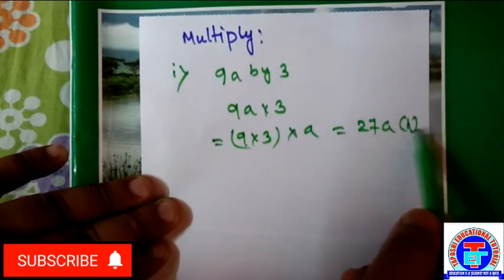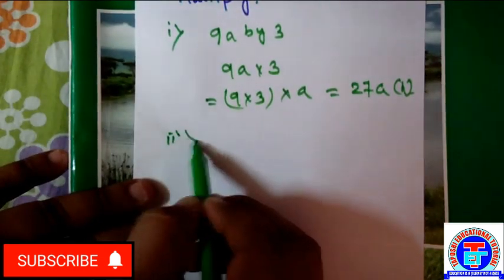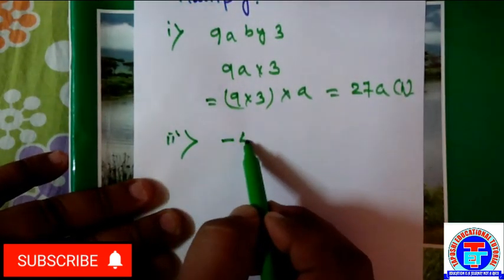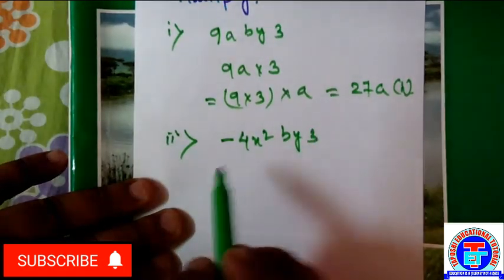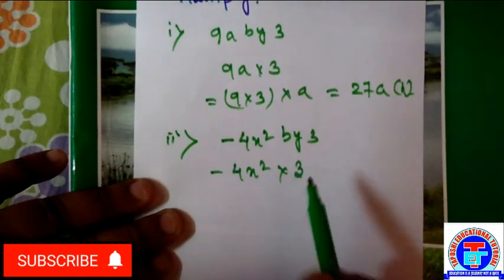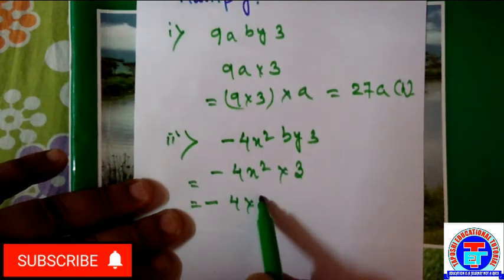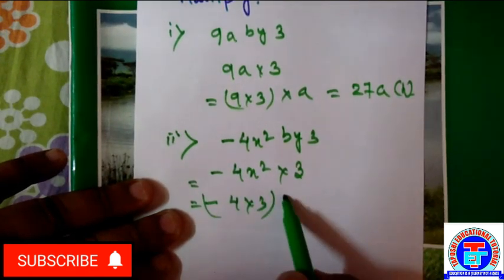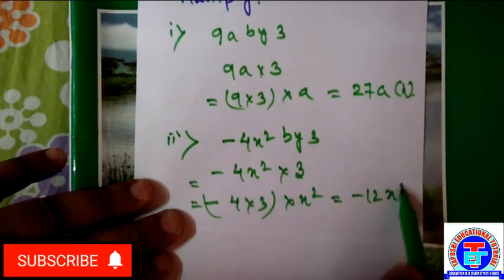This is the answer, right? Now number 2 is here: minus 4x square by 3. So here we write minus 4x square into 3. So here minus 4 into 3, and into x square. It will become minus 12x square. This is the answer, right?